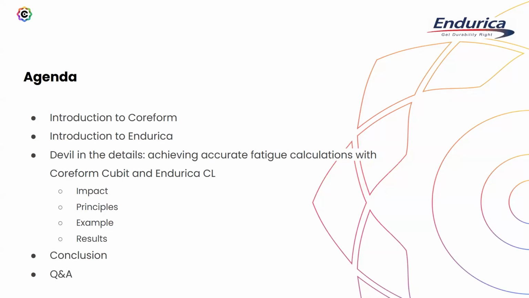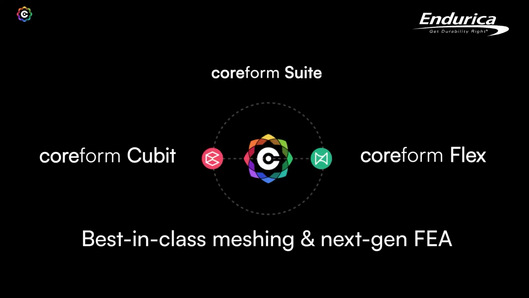So first, to introduce Coreform, Coreform develops next-generation best-in-class technology to improve your simulation processes. If you have existing solvers and you want to create better meshes for those solvers, we have Coreform Cubit, which is best-in-class meshing software.